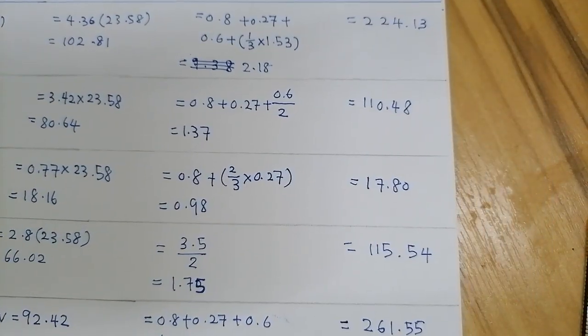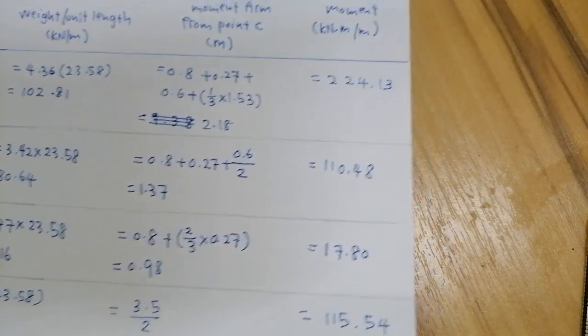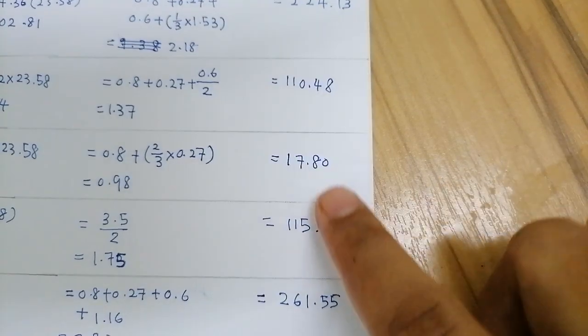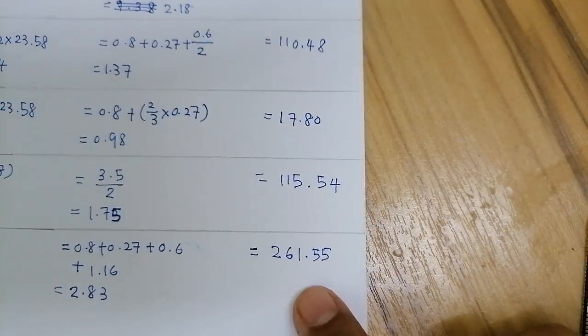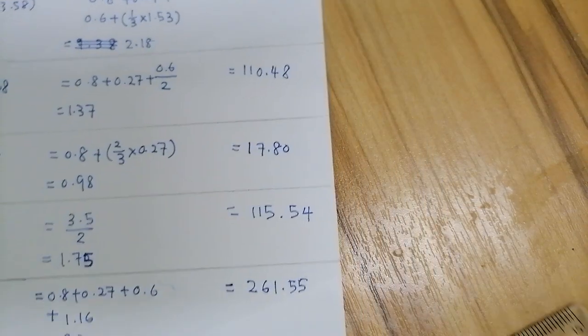So we have already calculated the 5 resisting moments, okay? So 1, 2, 3, 4, 5. So what we have to do next is we have to add up all the numbers, okay? All right, it's a bit lengthy, isn't it?